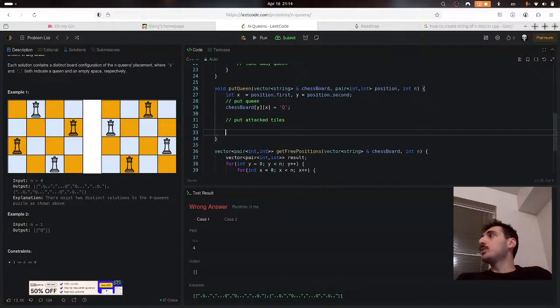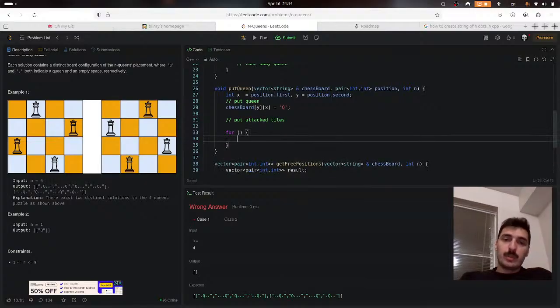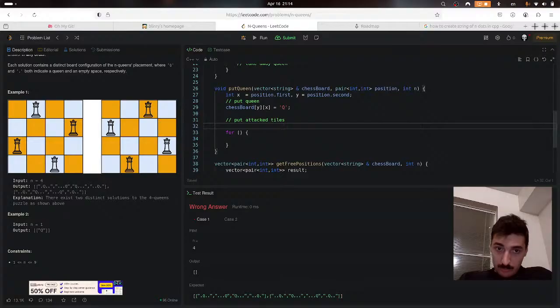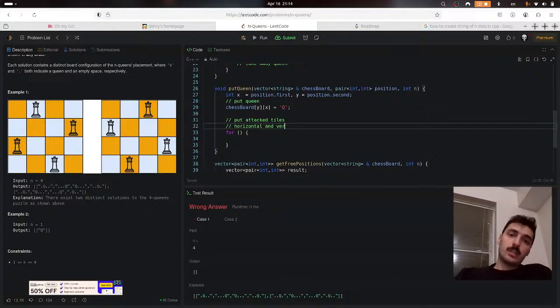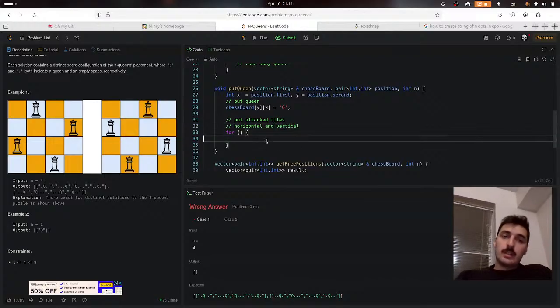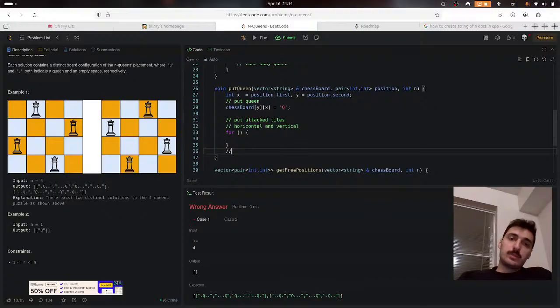What we need to do is iterate 0 to n, which will put the horizontal and vertical, and then we'll put diagonals.